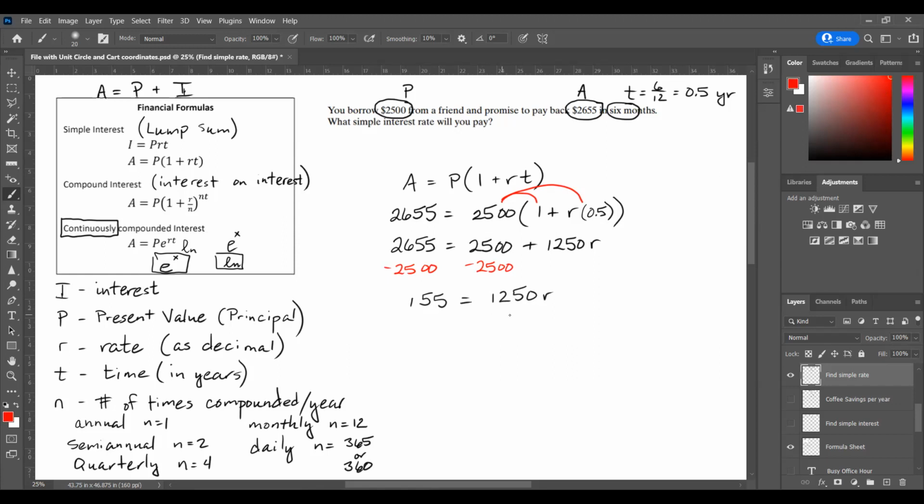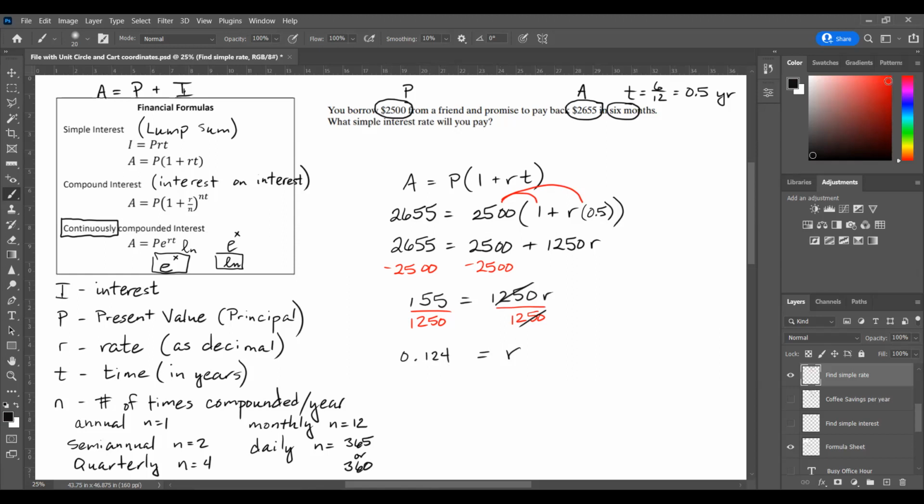Again, I'm solving for R. It is multiplied by 1250, so I'll divide both sides by 1250. Because 1250 divided by 1250 is 1, so I'm left with 1R. And 155 divided by 1250 is 0.124.